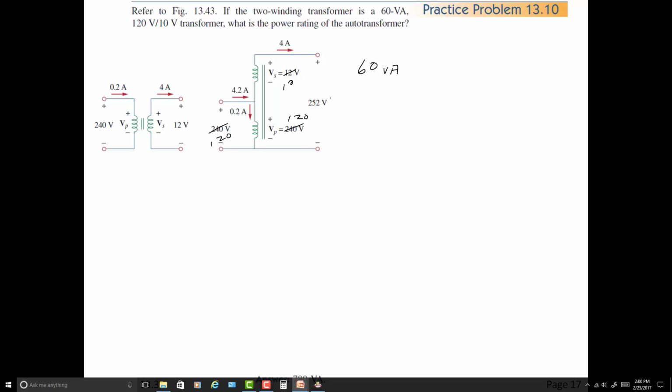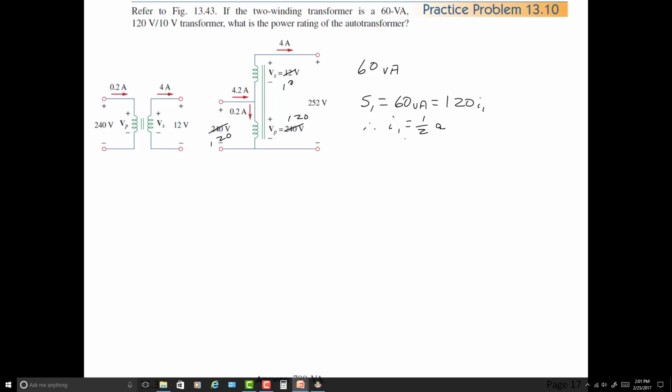So what have we got from this? We know the power S on the number 1 side, the input side, is 60 volt amps. And that's V1, which is our 120, times I1. So all this gets us is I1 is 1/2 amp.